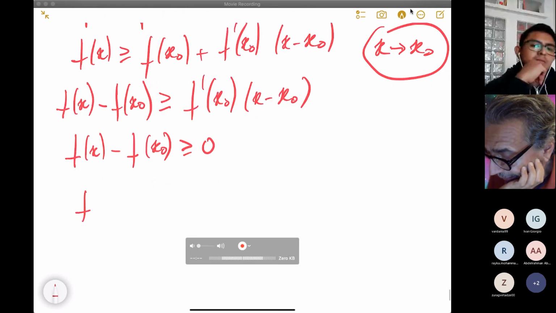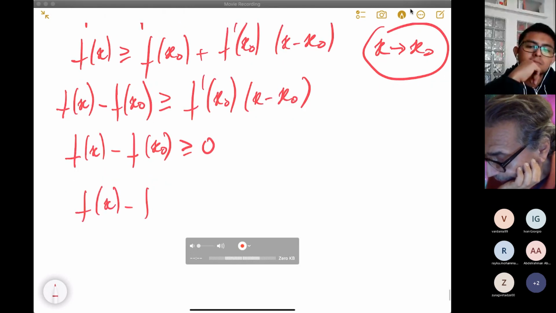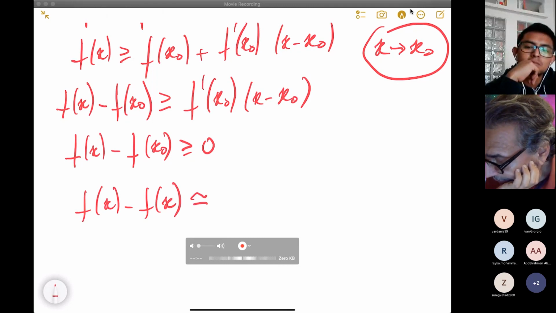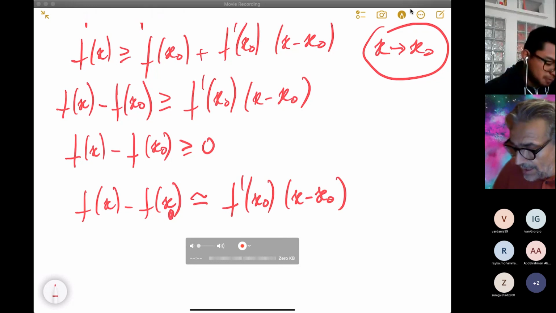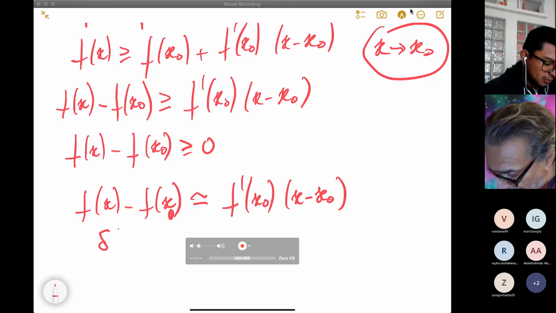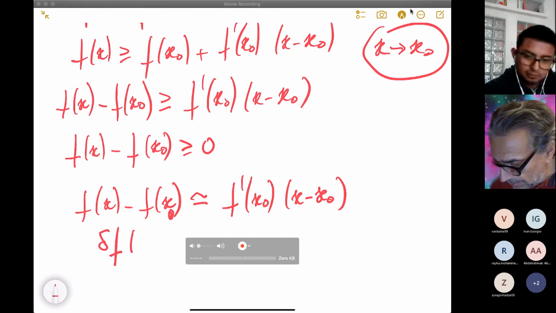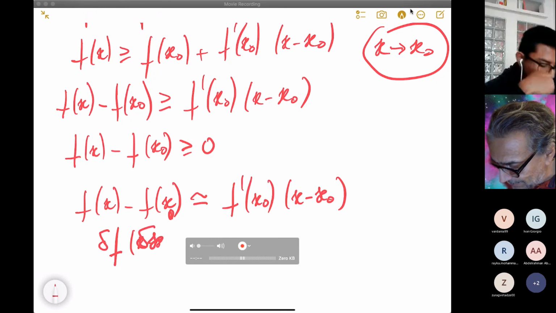And f of x minus f of x0 is nearly equal to f prime of x0 times x minus x0. This is called the first variation of f with respect to the variation delta x.